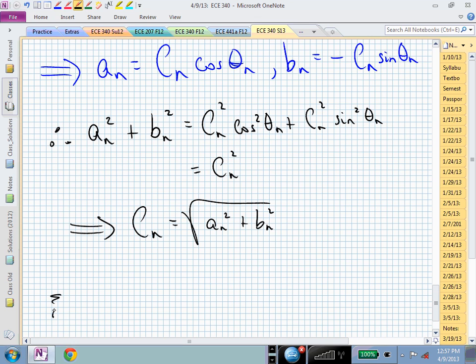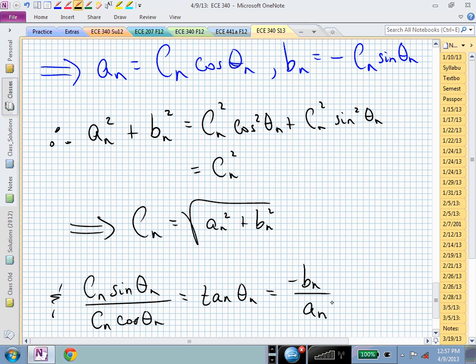We can look at C sub n sine of theta sub n over C sub n cosine theta sub n. The C sub n's cancel. Sine over cosine is just the tangent of theta sub n. But in terms of what we've defined little a and little b to be, this numerator is just minus b sub n, and the denominator is little a sub n.